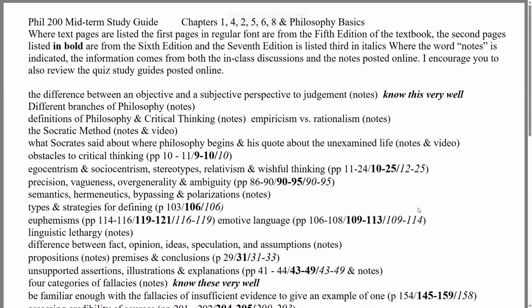Now, the midterm study guide contains pretty much everything you would need to know in order to be successful with the midterm. It's just an overview of everything we've done so far in the class, in addition to the chapters of the book, also the information I did at the very beginning.